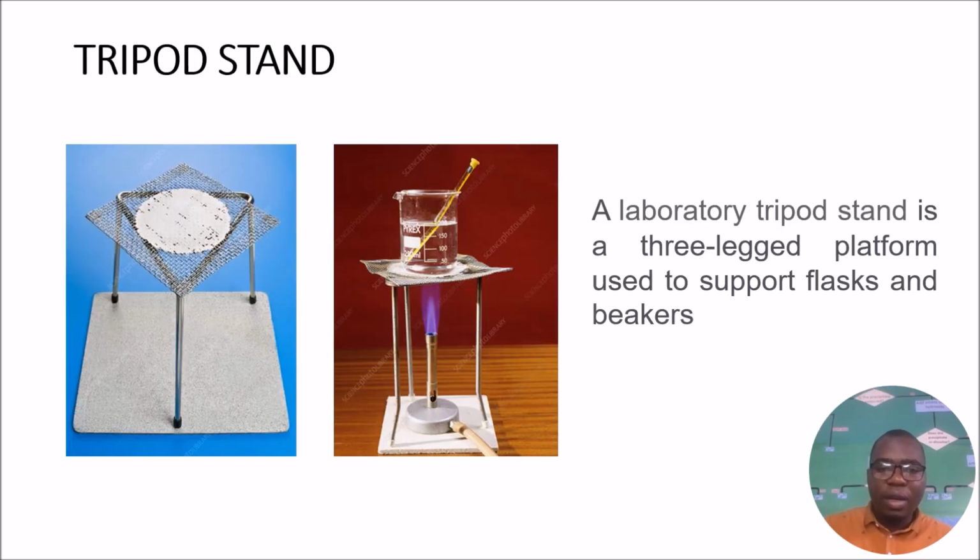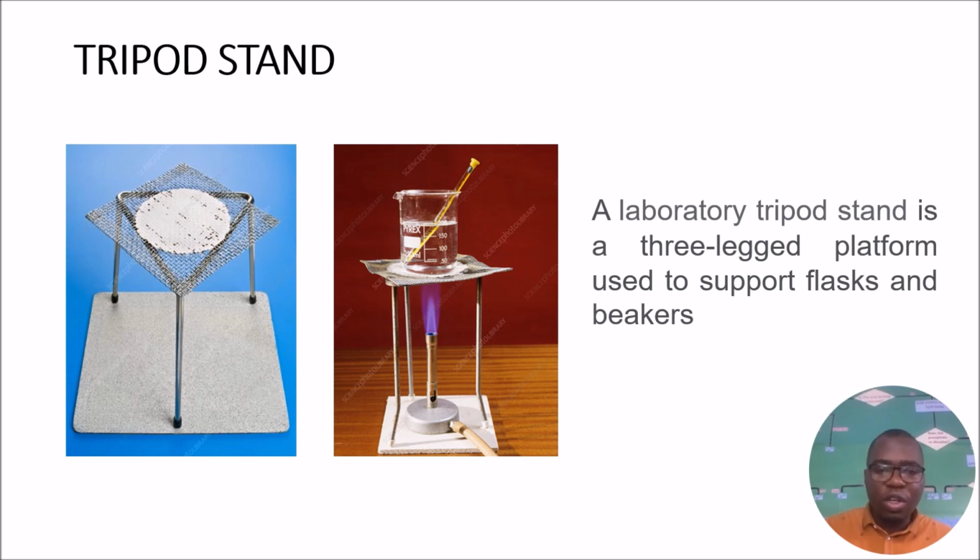How is a Bunsen burner used? It is used alongside what we call a tripod stand. A tripod stand has got a wire gauze on which you can put anything that you are heating. Commonly, we heat things in a beaker.